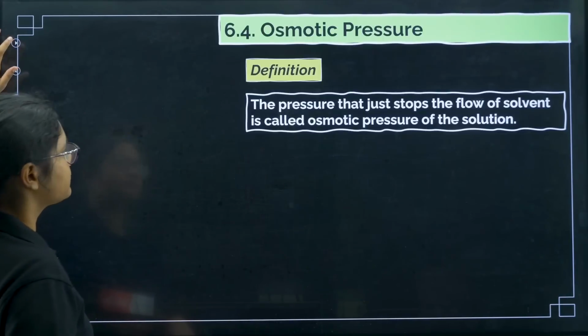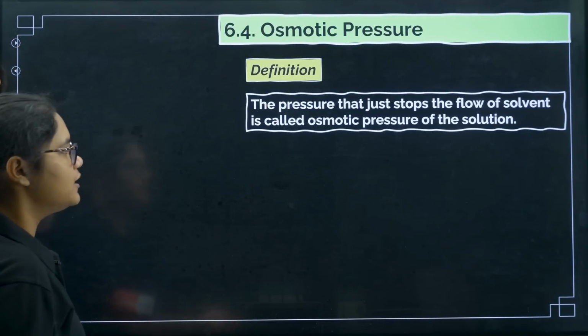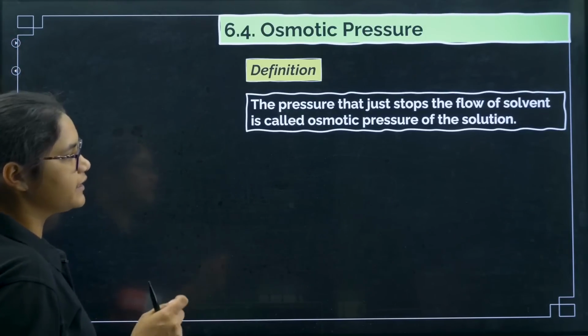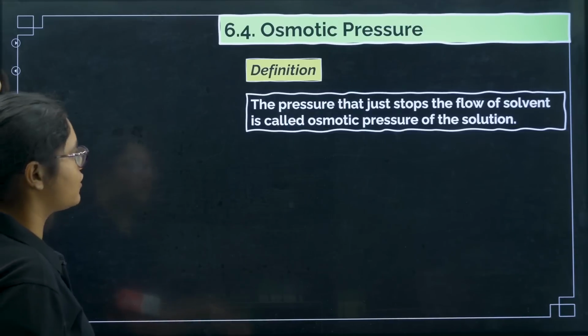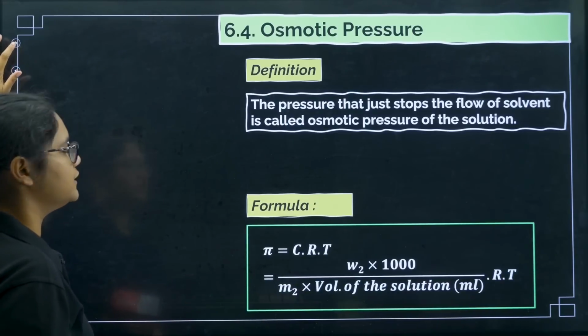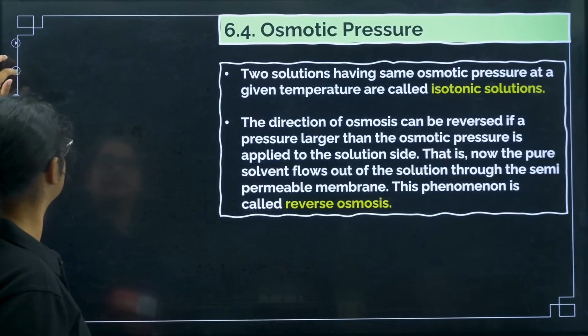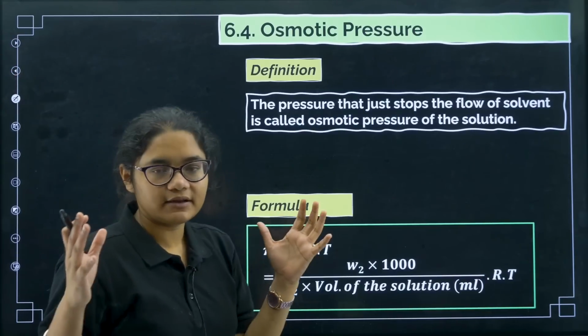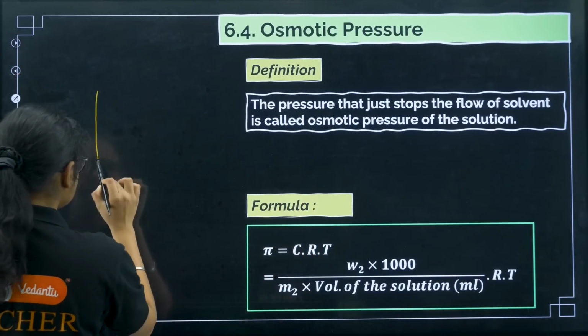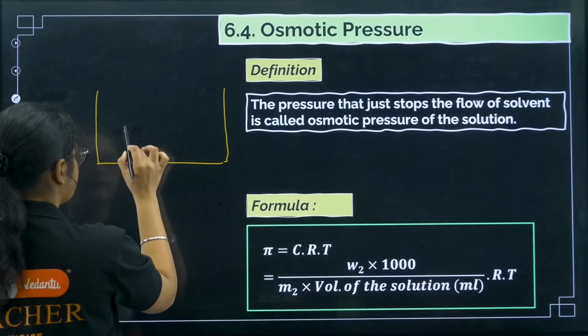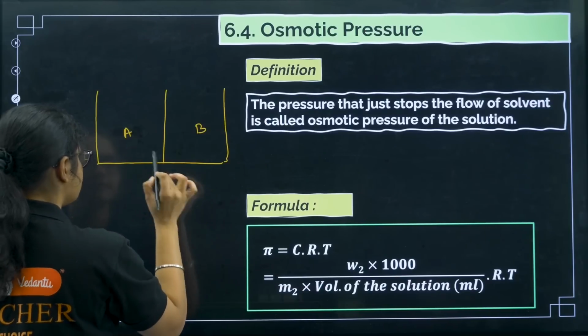Next, that is your osmotic pressure. So what is osmotic pressure? The pressure that stops the flow of the solvent is called the osmotic pressure of the solution. Now let me explain. Suppose you have a solution, A here and B here, and you divide it with a partition.